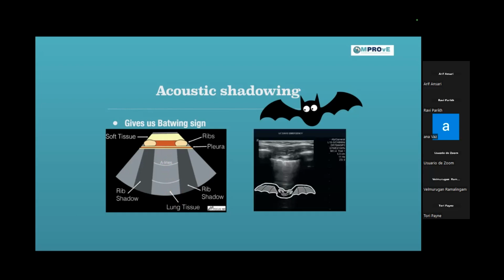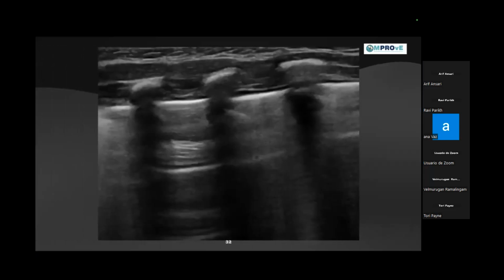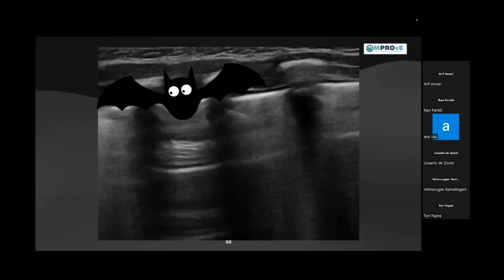And why the bat wing? Again, guys, try to imagine it. I'll try to superimpose and show you the bat wing here. So that's the bat. That is my bat. You can see the body, over the pleura, and these are the A lines. Just imagine A lines going all the way down.